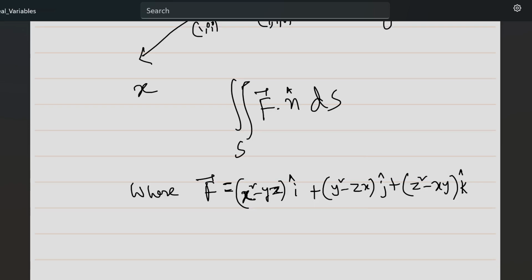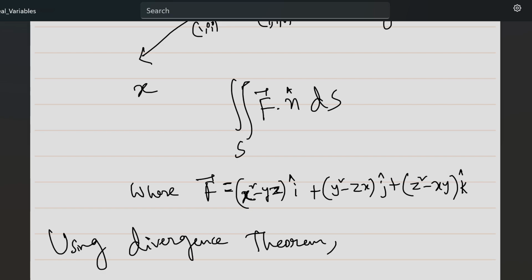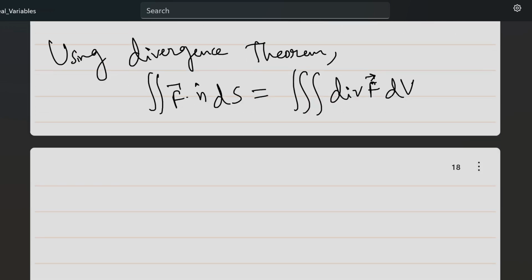So tell me, using the divergence theorem, what do I write? The triple integral of divergence of f into dV, where dV means dz dy dx.